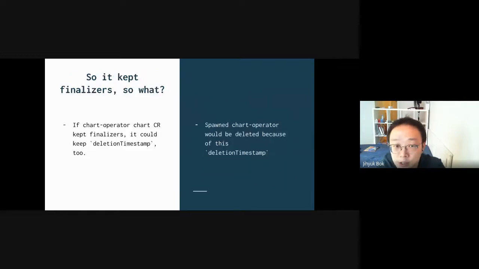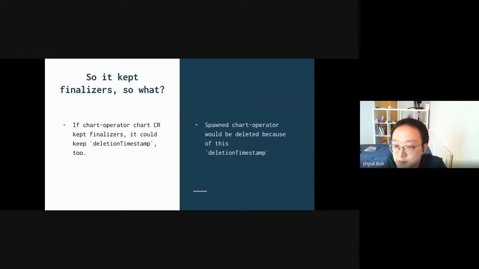So what does it mean? The finalizers are still there. So the chart operator chart CR keeps its finalizers, and it also keeps the deletion timestamp. Earlier I said that the app operator tries to install the chart operator inside the tenant cluster if there's nothing inside.